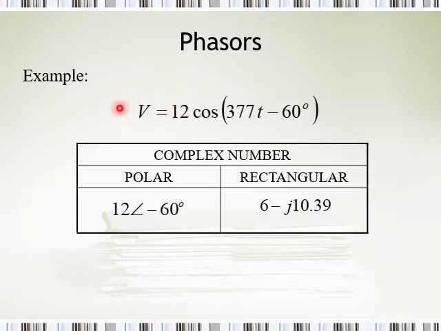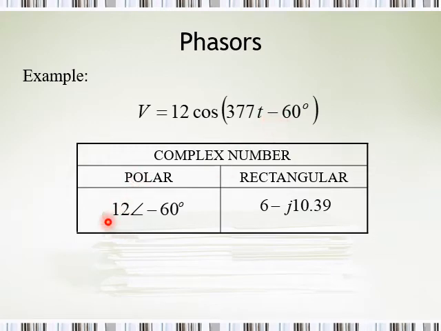Okay, example. Phasors. Example, V equal to 12 cos 377t minus 60 degree. Converting this equation into polar, we take the magnitude 12 and the phase angle, minus 60.